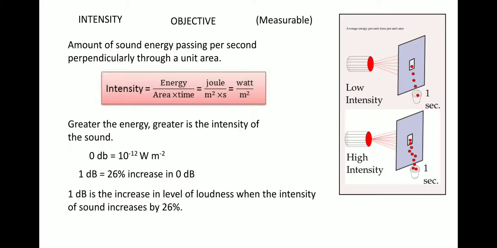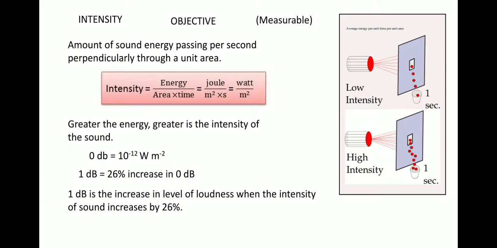Okay, so 1 decibel is 26%, 2 decibel will be 26 plus 26, 52%, and 3 decibel will be 26 plus 26 plus 26. 4 decibel will move on in the same way. All right, so this is very important. You need to know 1 decibel is defined in this way.